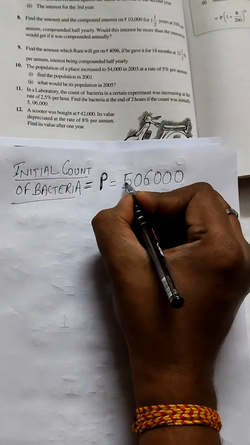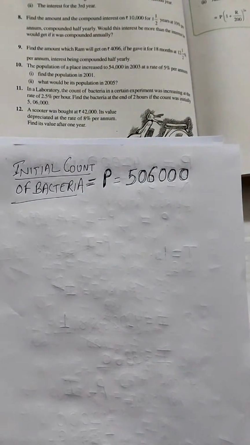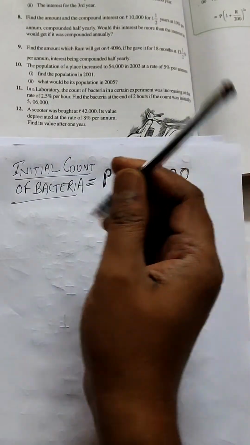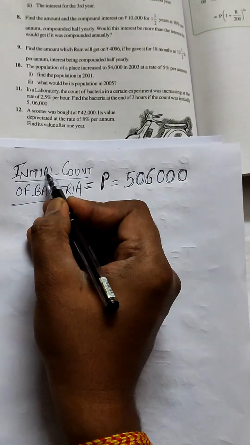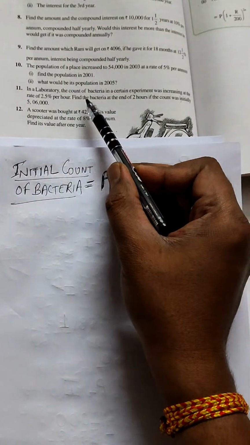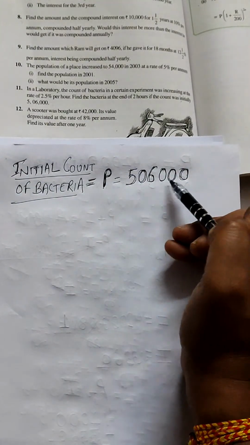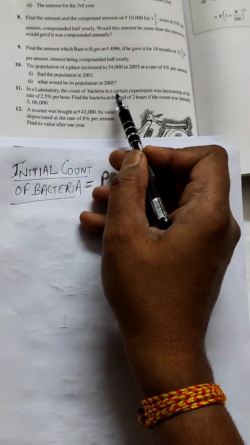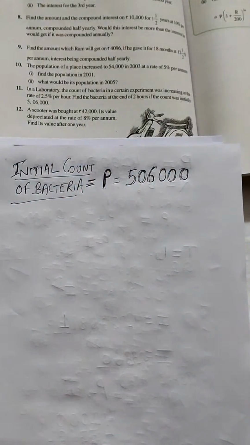This is the data given in the question. Now this is initial, mind it. So initial means at the beginning, that is your principal count, right? So the bacteria count initially was 5,06,000. Now the rate: in the laboratory, the count of bacteria in the experiment was increasing at the rate of 2.5% per hour, right?